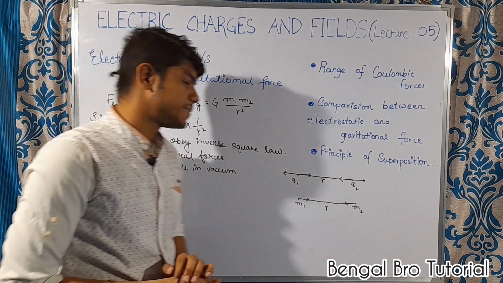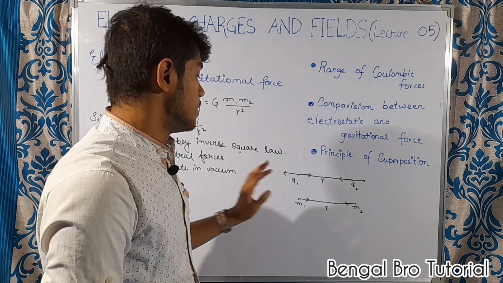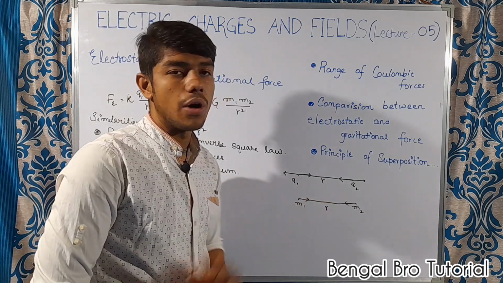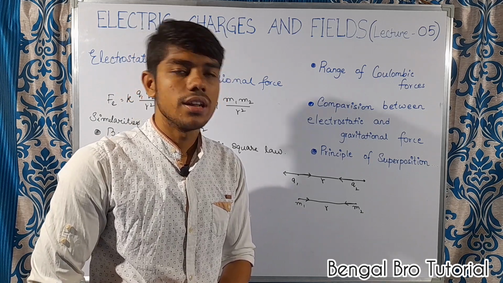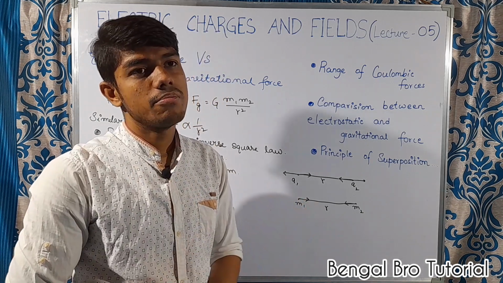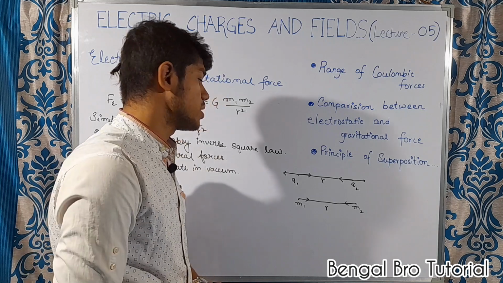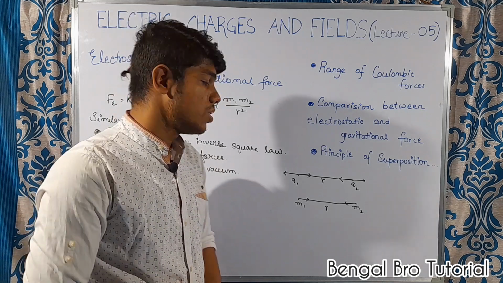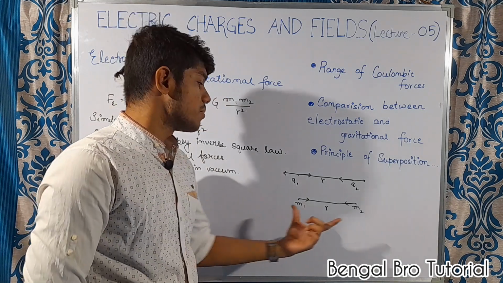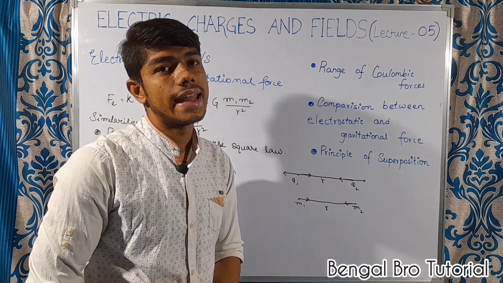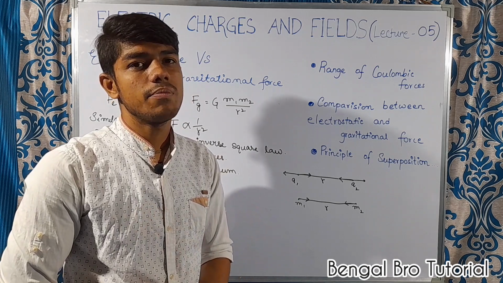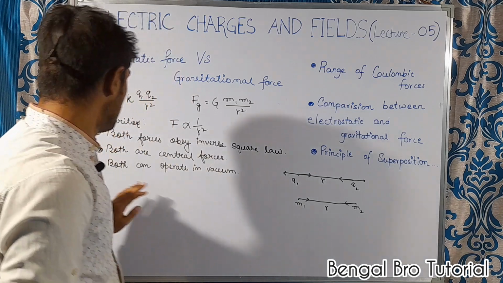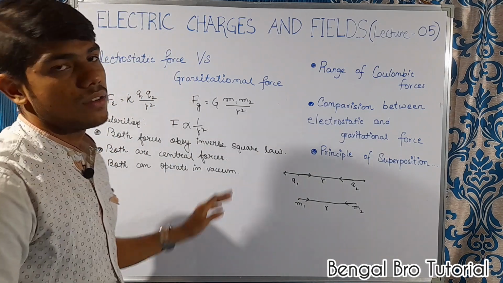Which means that the electrostatic force between 2 point charges can act on each other even if there is no medium between the 2 point charges. Also, the gravitational force between 2 point masses can act between them even if there is no medium between them. So, both can operate in vacuum.